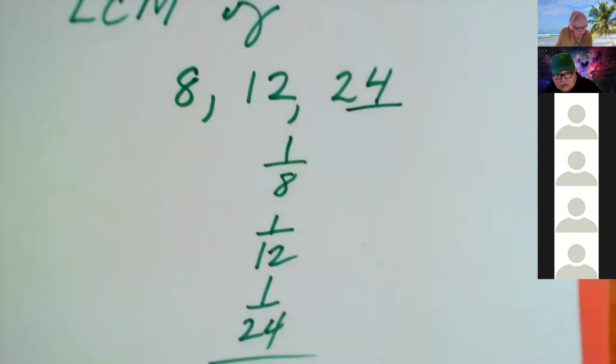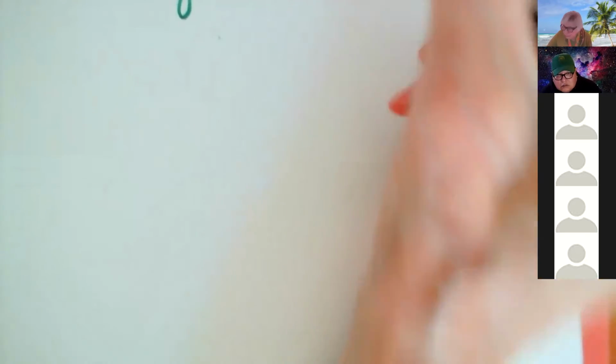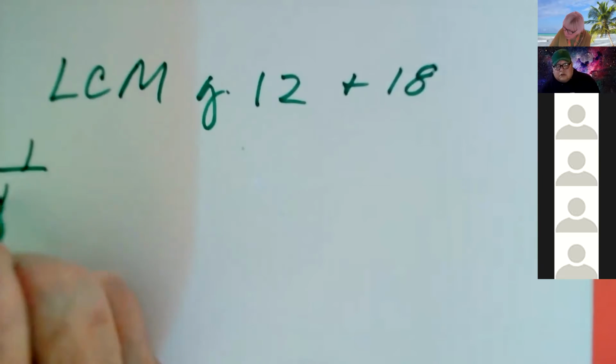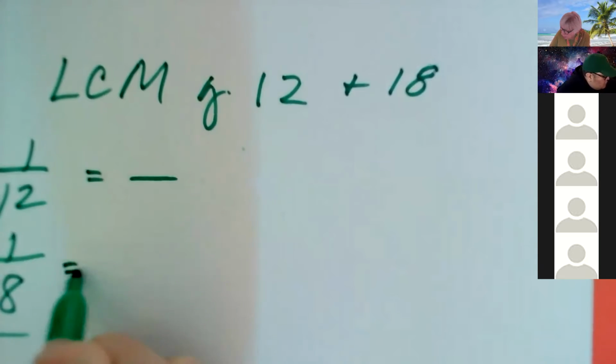It is 24 again. And so that's fine with me. Now, least common multiple of 12 and 18. So this is as if you had to add these and you needed a common denominator.